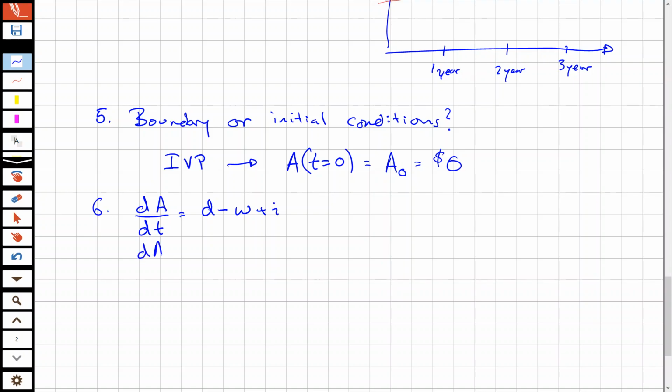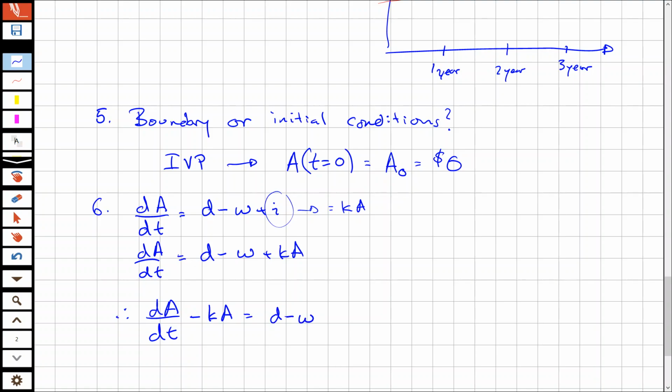But dA over dt equals, now let's replace, recall that I over here is equal to Ka. So we get d minus w plus Ka. So dA/dt minus Ka equals d minus w.